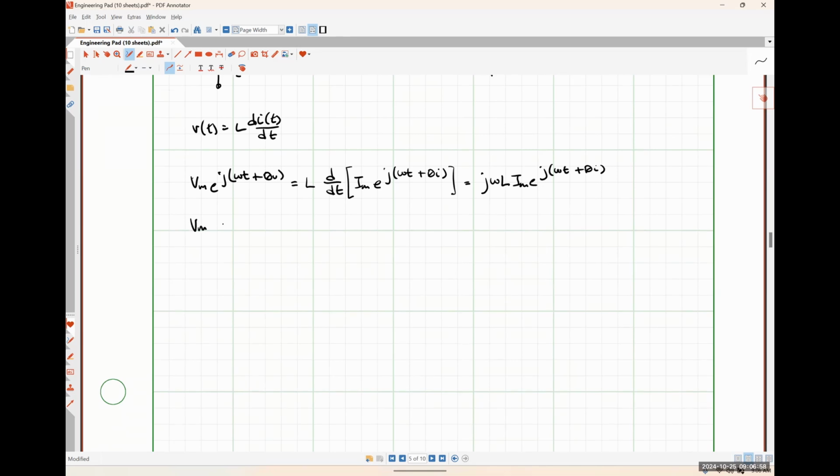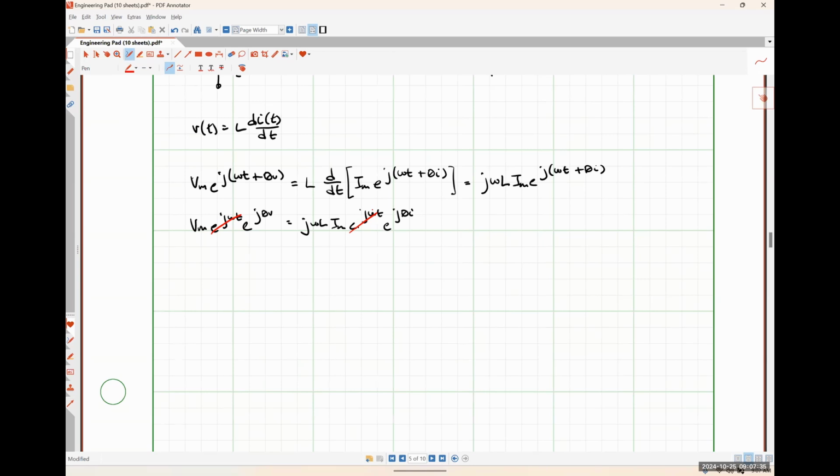Over here, I'm going to have Vm e to the j omega t e to the j theta v. Here I'll have j omega L times Im e to the j omega t e to the j theta I. And we can see very easily that the e to the j omega t's cancel each other out.